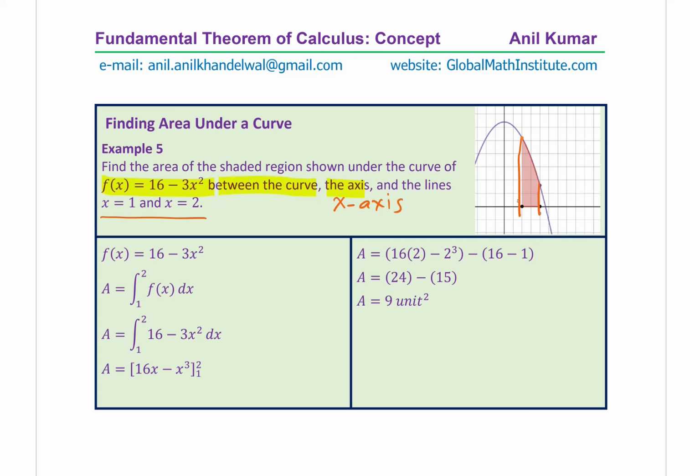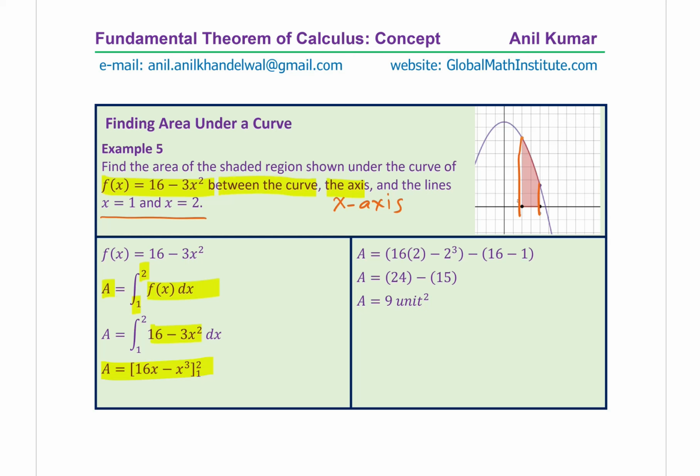From our fundamental theorem of calculus, we know that the area is equal to the definite integral from 1 to 2 of the function itself. The function is 16 minus 3x squared. So integrating, we get A equals 16x minus x cubed, with lower bound 1 and upper bound 2.